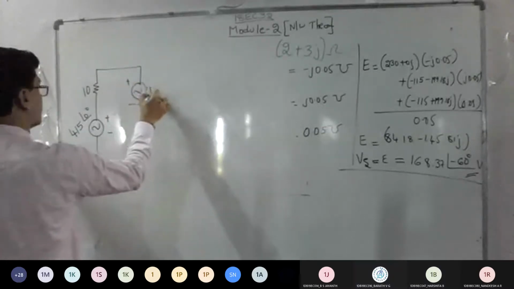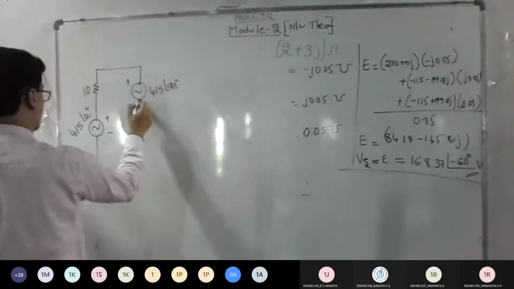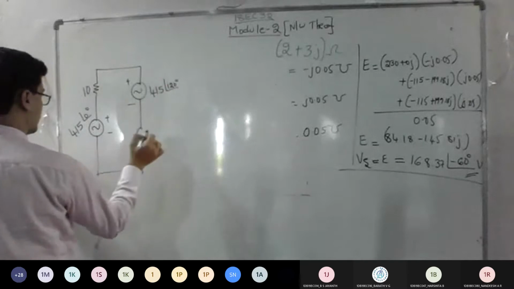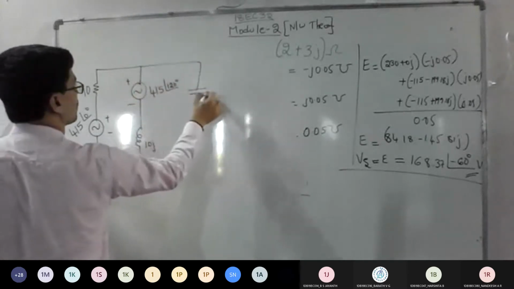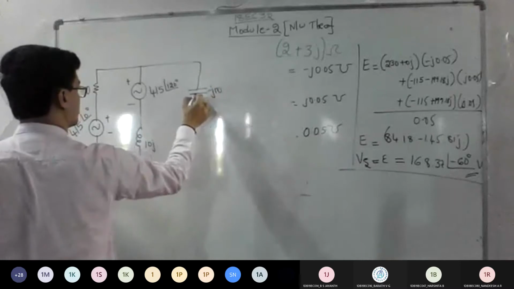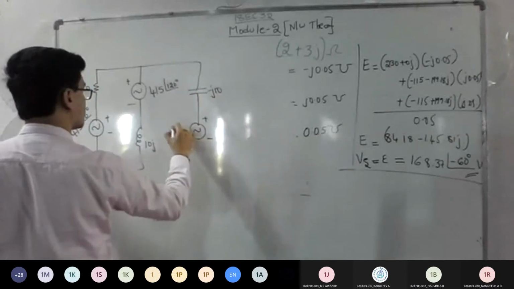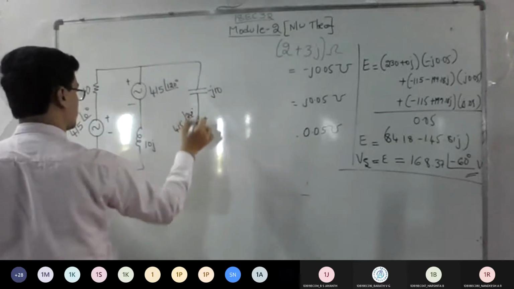Just copy the network first. 120. The value is given as 10J here, so minus 10J, plus minus 4 on 5 at an angle 240.